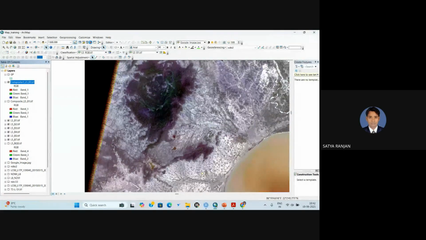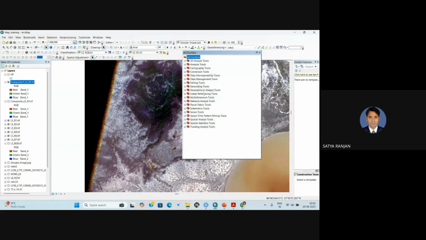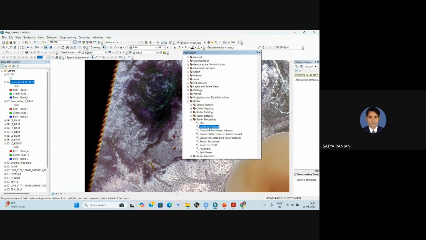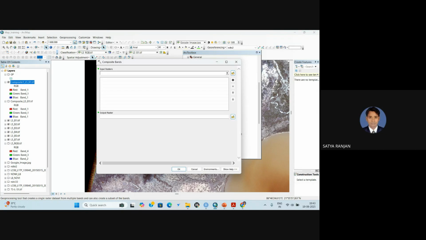Otherwise, there is a raster tool. In Data Management, there is a raster catalog. There is a Composite Bands tool. In this tool, we can create composite bands by giving all these bands.